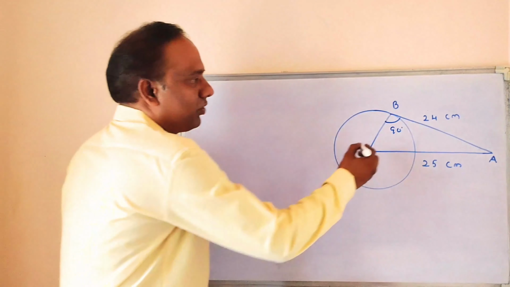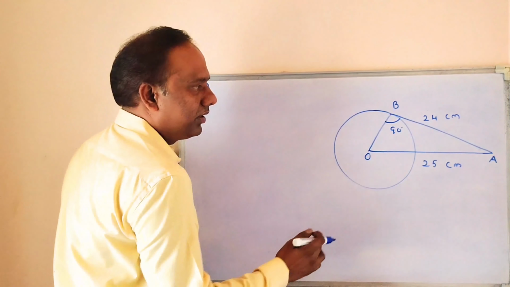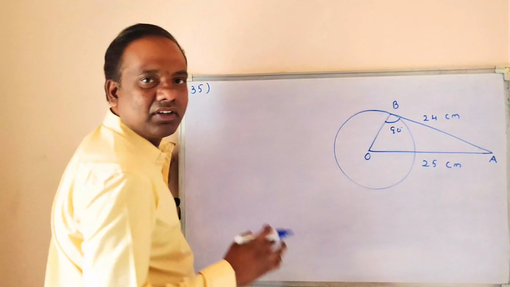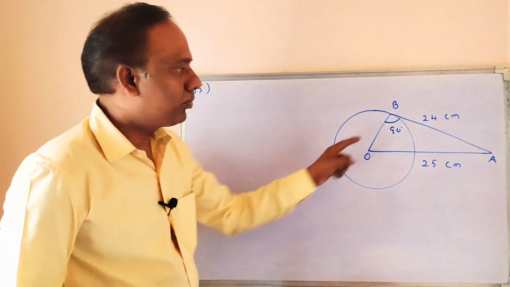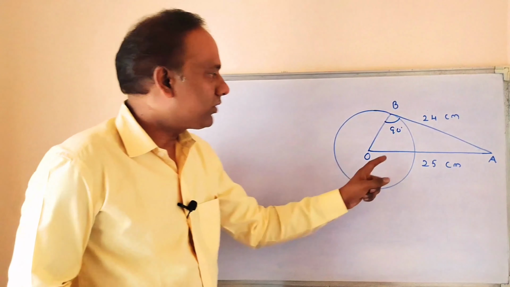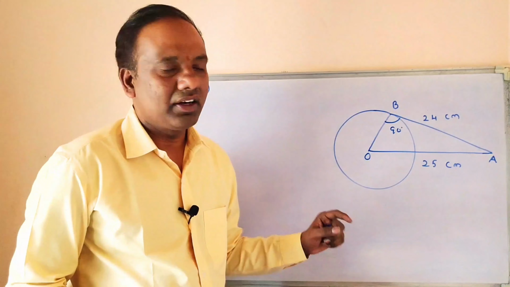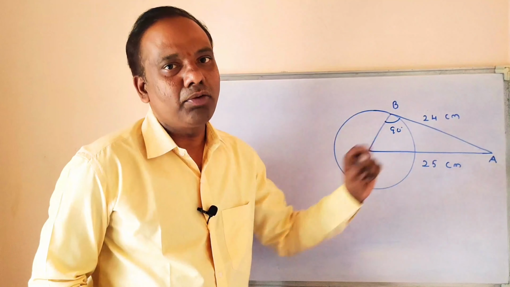So here we can calculate the radius. Radius is OB. This angle makes 90 degrees. So by Pythagoras theorem, OA is the longest side, and the longest side is the hypotenuse.